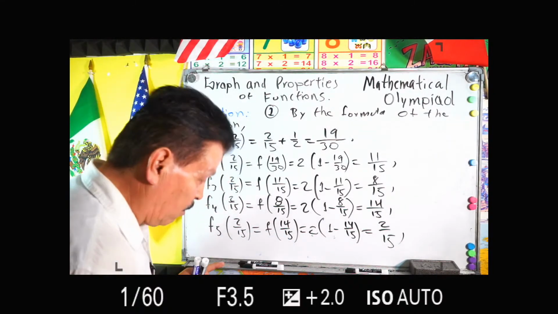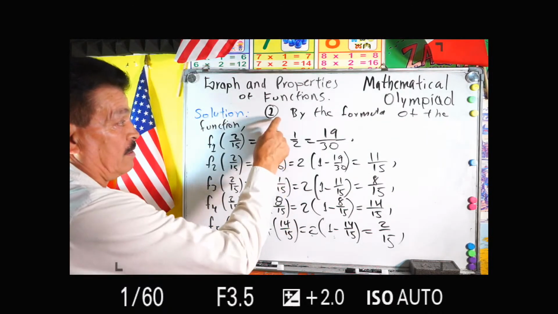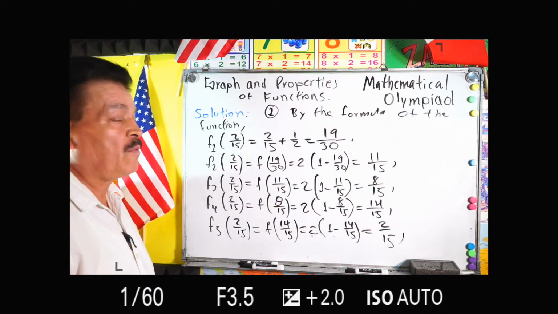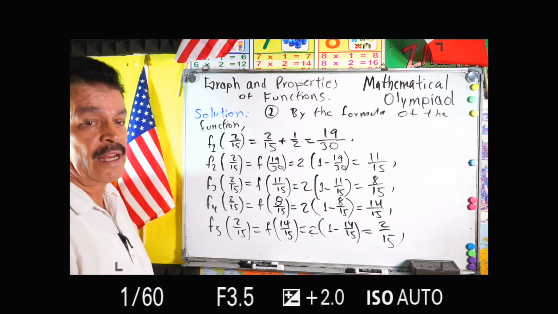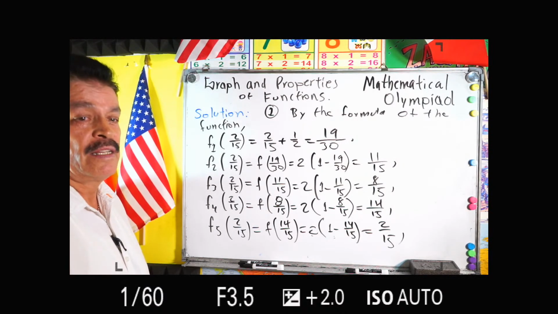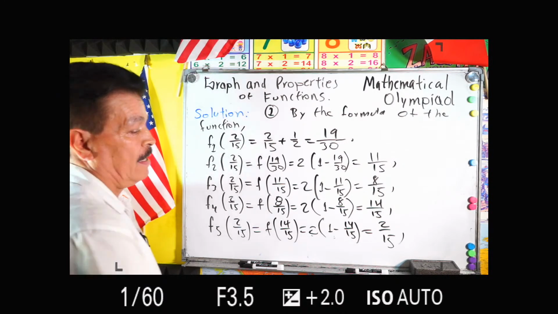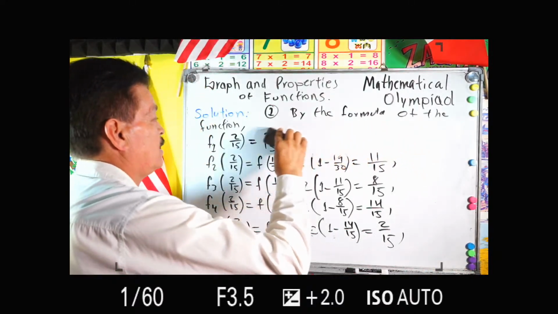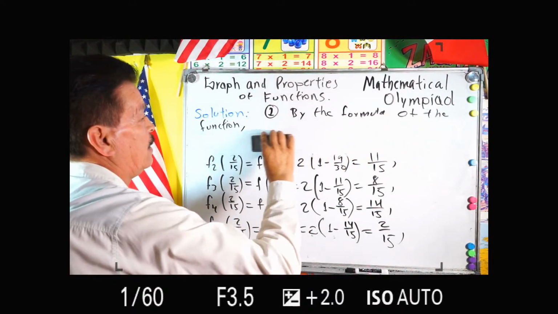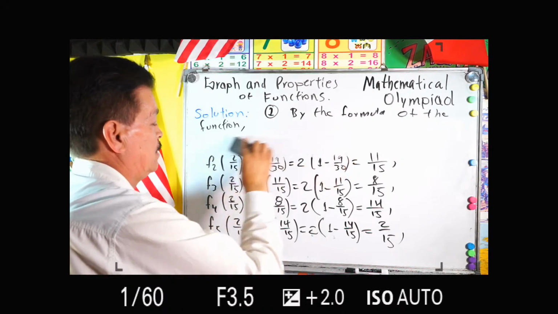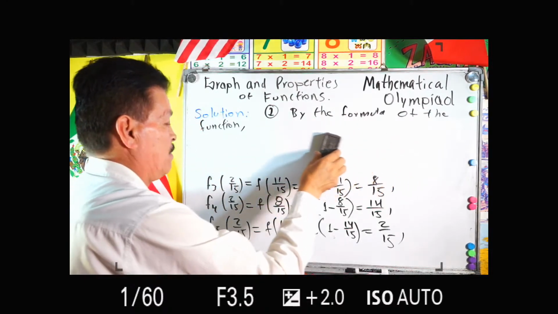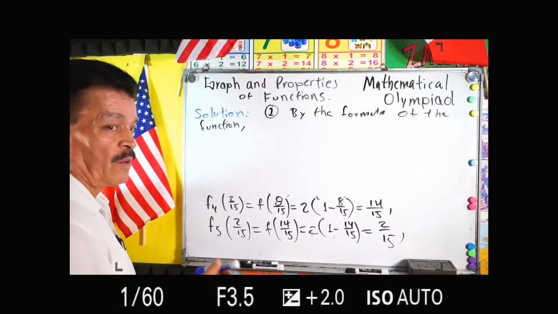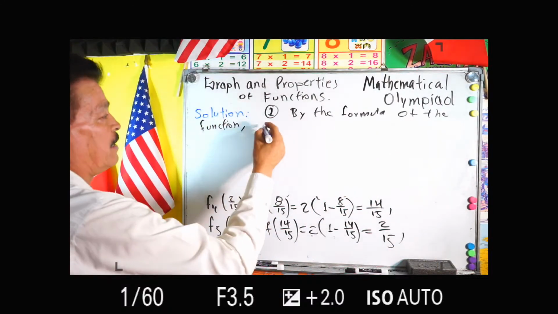I did the whole process in the first question. Okay, now the sequence is 2/15, right? Let me erase this and continue over here.